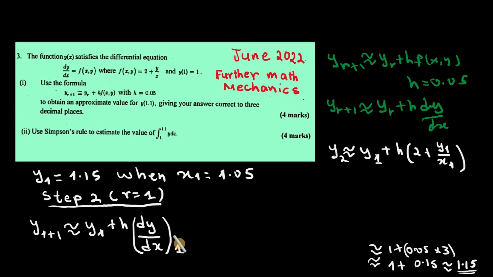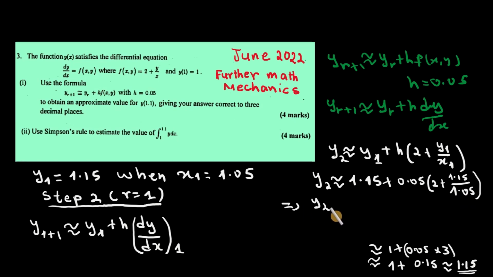Since dy/dx at 1 is when the value of y is y1 and the value of x is x1. That means y2 is approximately equal to y1, which is 1.15, plus 0.05 into 2 plus 1.15 all over x1, which is equal to 1.05.